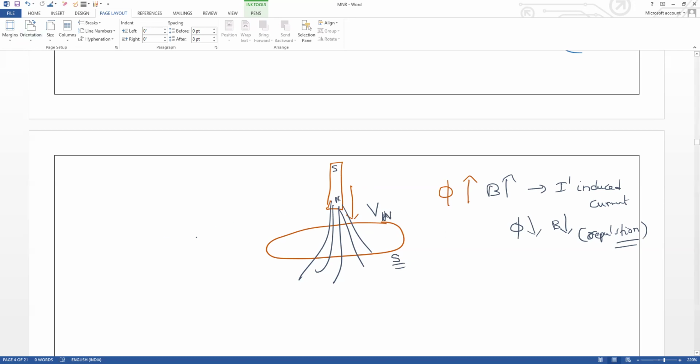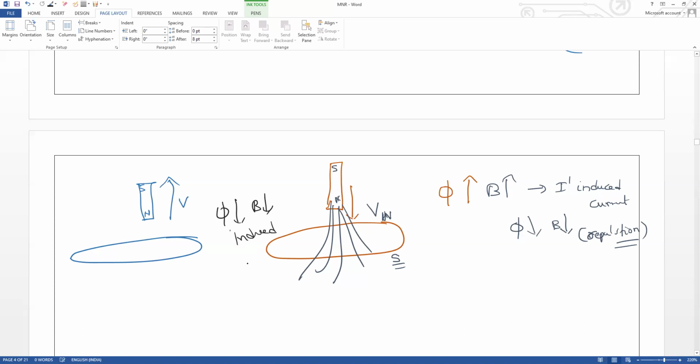Now, same figure. If the magnet, north-south, is going away with velocity v, all of you see what is going to happen? Number of field lines, the flux is going to what? Decreases. Flux decreases, B decreases. Current is going to be induced.